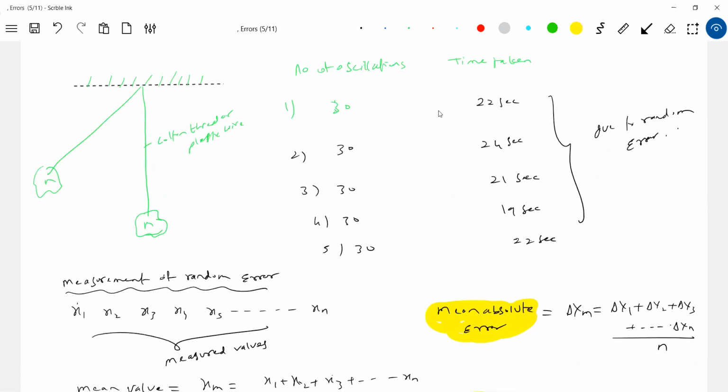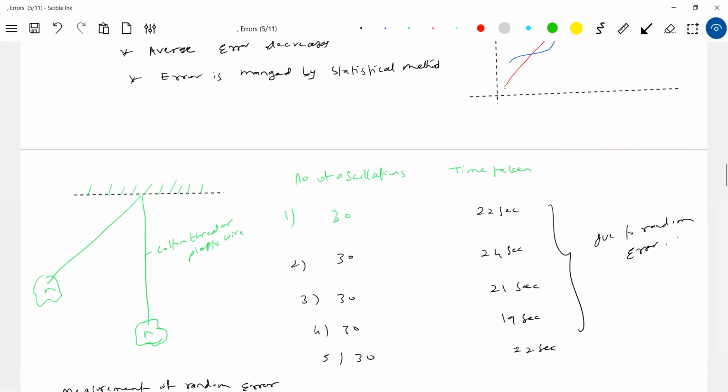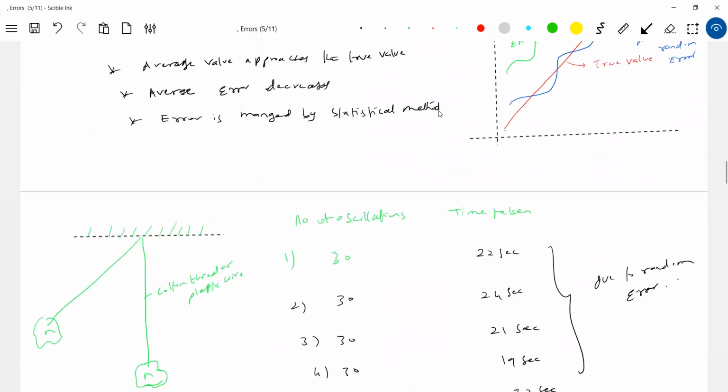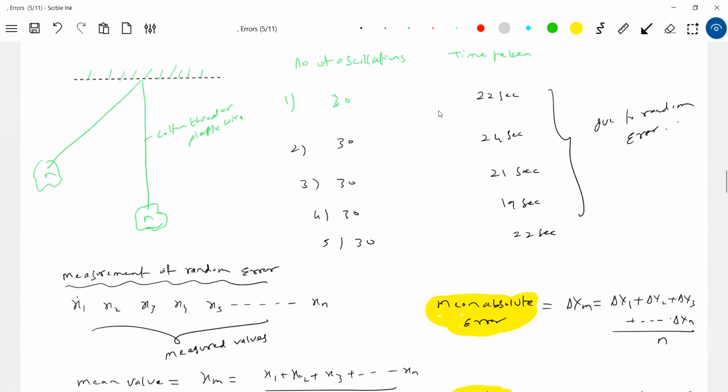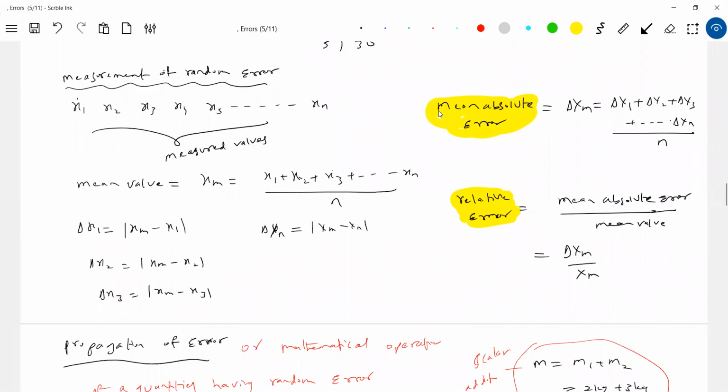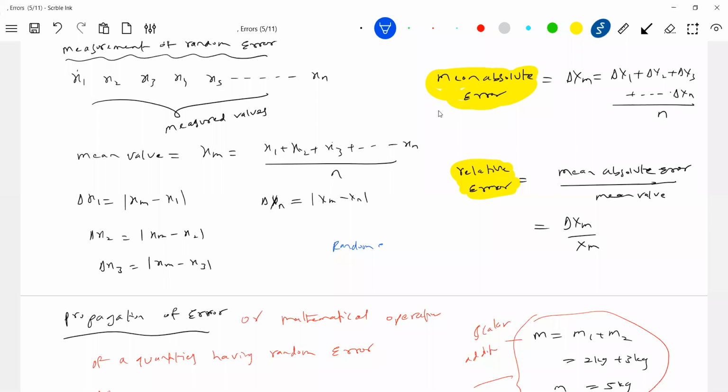Due to random error, I'll write it here. This is a very important part. The random error is inversely proportional to the number of observations.